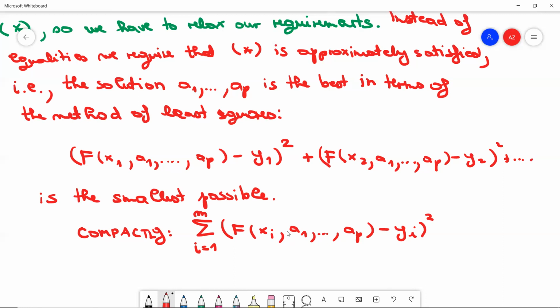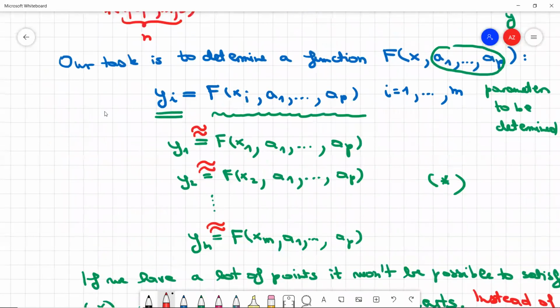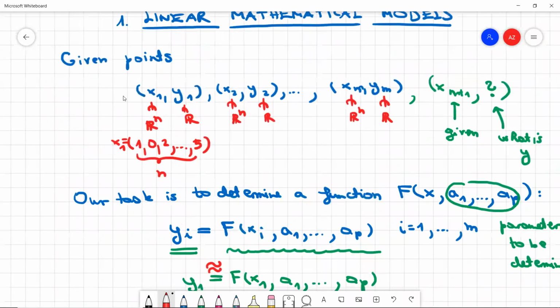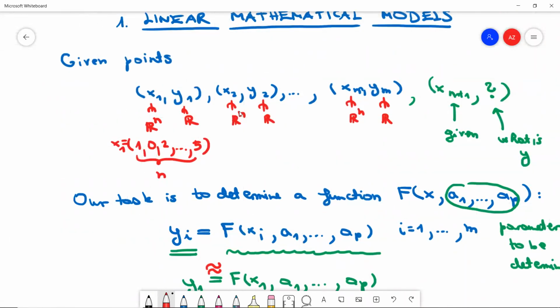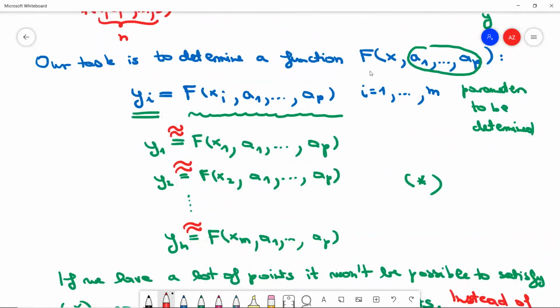So we're minimizing over all possible p-tuples of a's, because the x's and y's are our points, which are given in advance. Those are not unknowns. These are numbers, they are given. We choose the function f, but this function f depends on the parameters a1 up to ap.